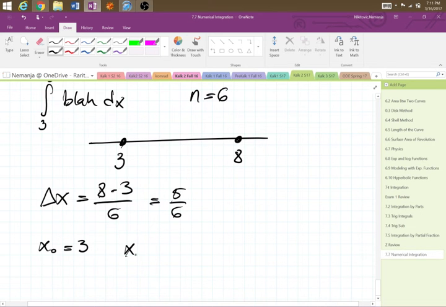Then the next value, x1, is 3 and 5/6. Then the next value is again 5/6 away, which is actually 10 over 6. And 10 over 6 is now 4, and there are 4 left over.